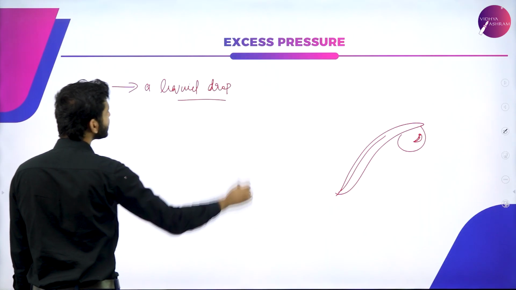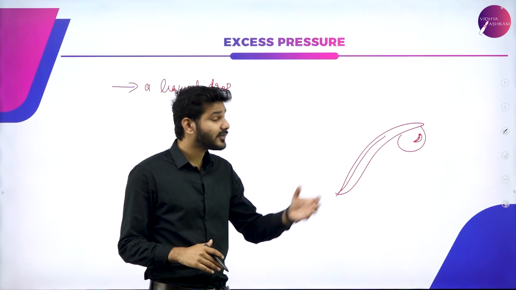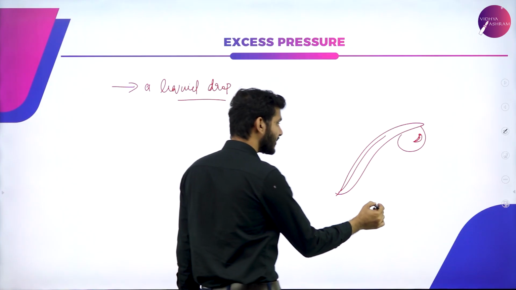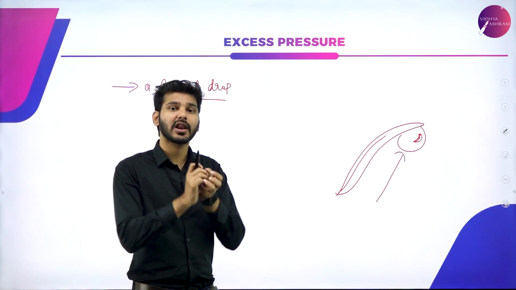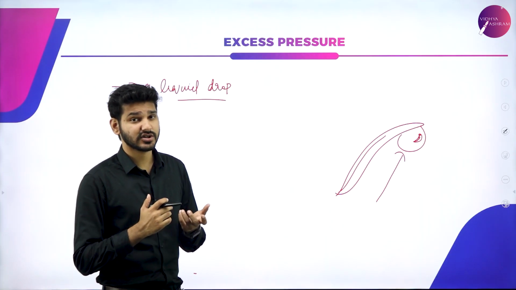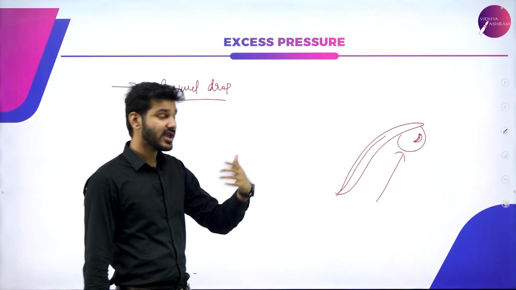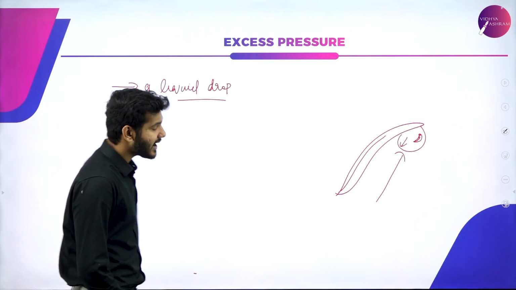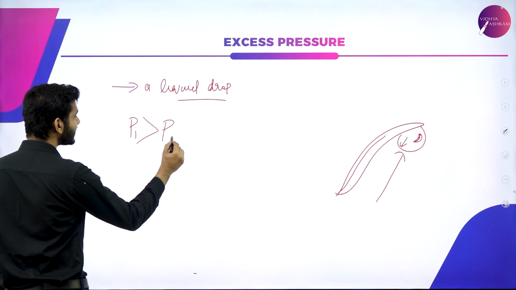So what is the excess pressure inside a liquid drop? Where will the pressure be more, inside or outside? Imagine if the outside pressure were more, what would happen? The drop would compress and collapse on itself. So the pressure is larger on the inside. We can say that the pressure inside the liquid droplet is greater than the pressure outside.